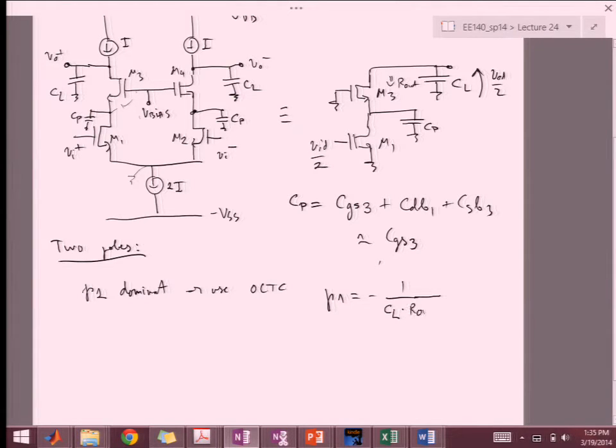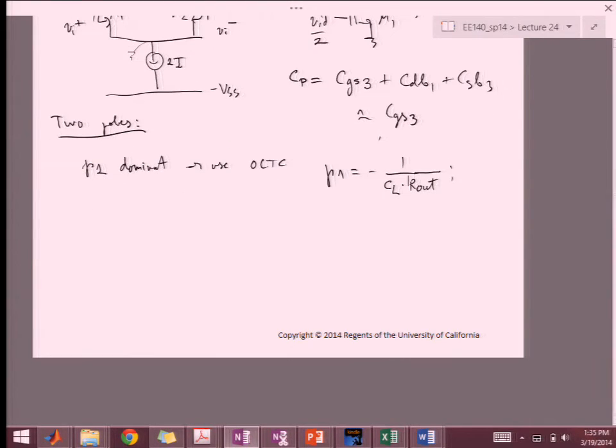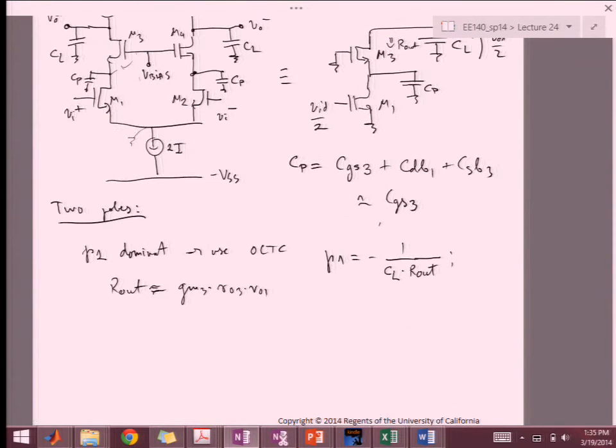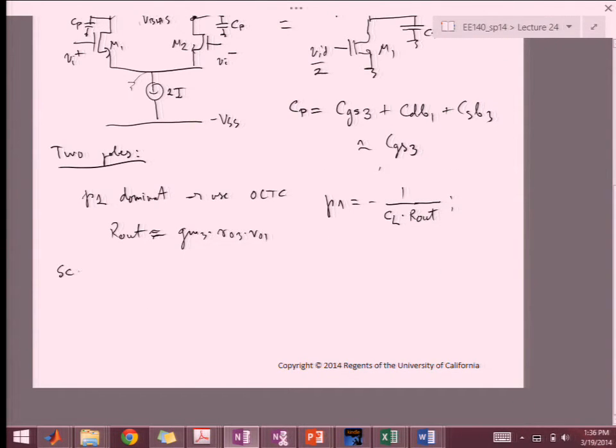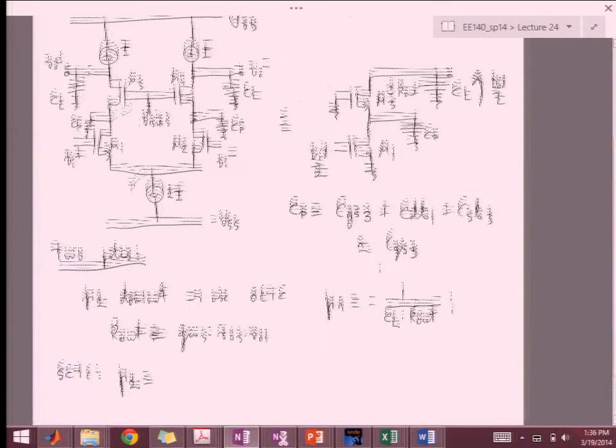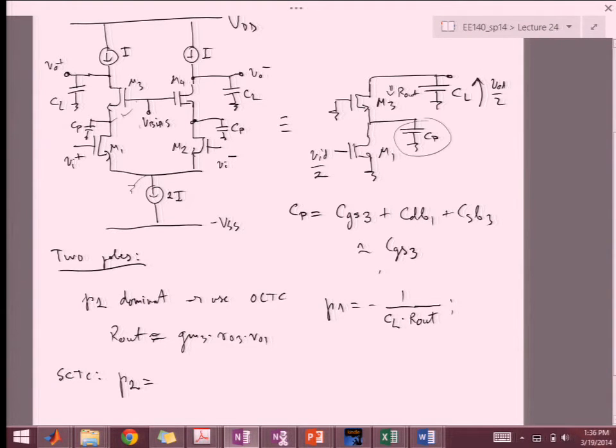So R out, let me just write it better. R out will be approximately just like the cascode output resistance, right? Okay. And then we use short circuit time constant for P2. So now we're analyzing the impact of CP.